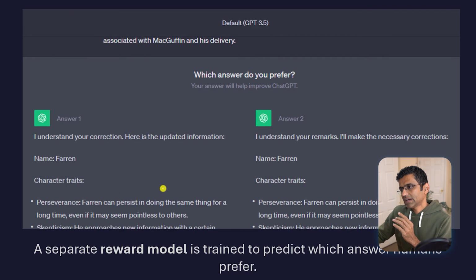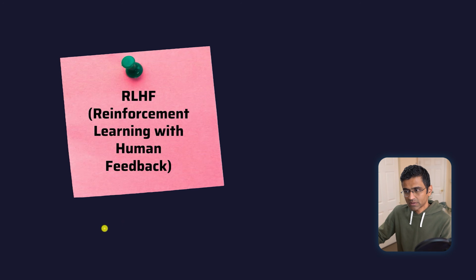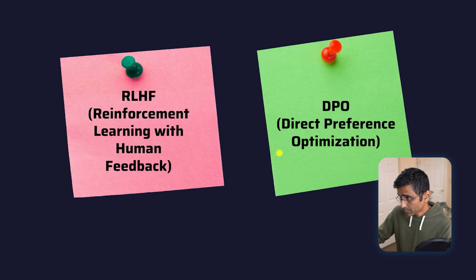You might have noticed that sometimes when ChatGPT generates an answer, it will generate two answers and ask which answer you like the most, and you click, and ChatGPT will register that. RLHF is one technique for doing this. The other one is direct preference optimization. We are not going to go over it in detail, but you can Google this technique, DPO.